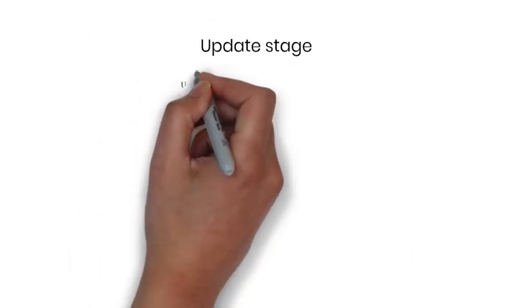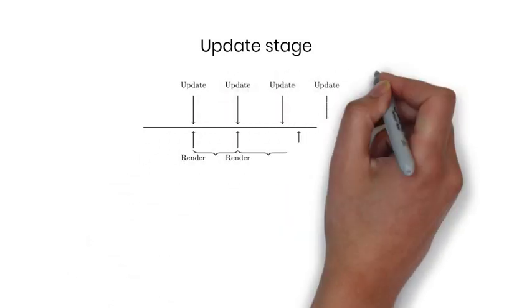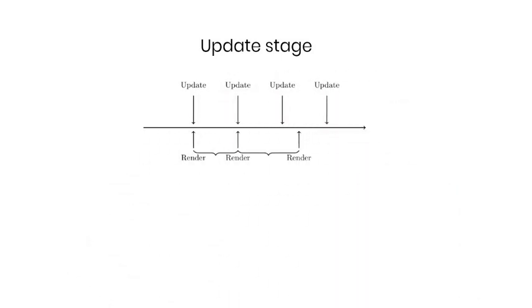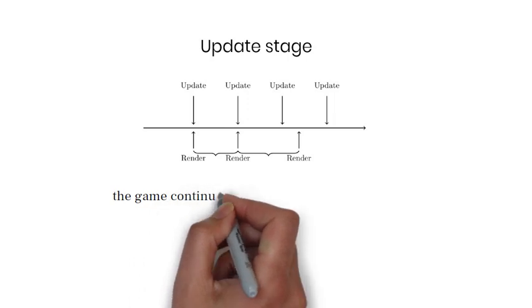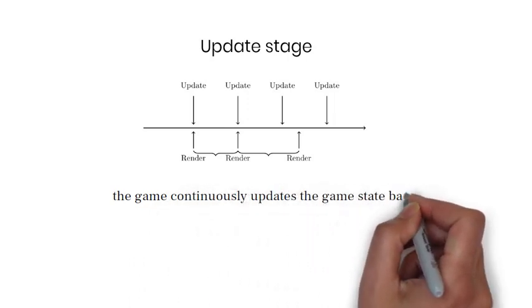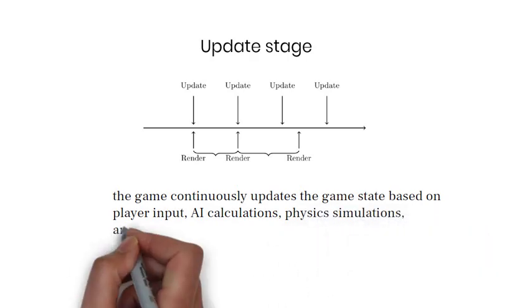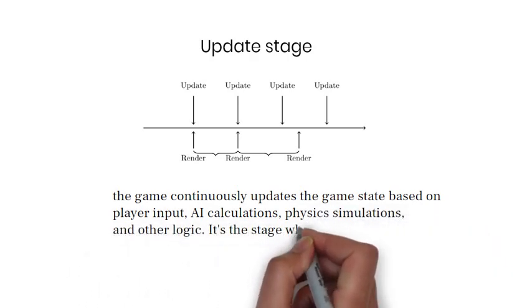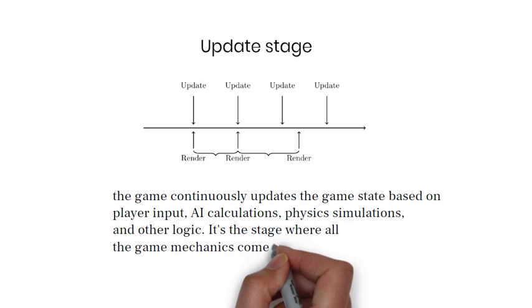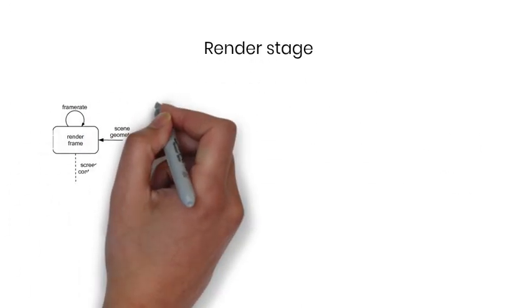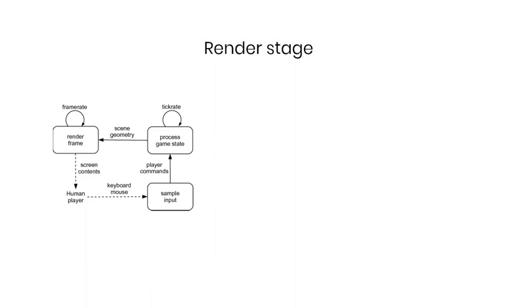After the initialization stage, we move on to the update stage. Here, the game continuously updates the game state based on player input. It handles AI calculations, physics simulations, and other logic. It's a stage where all the game mechanics come into play. Finally, we have the render stage.